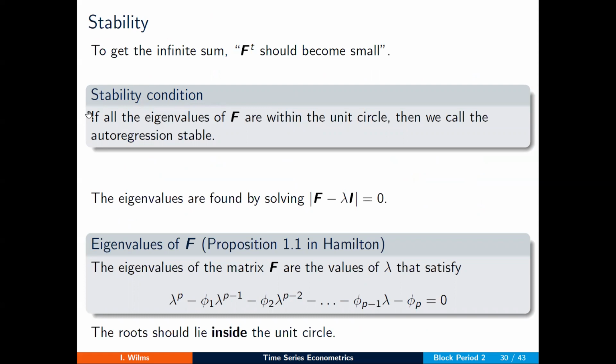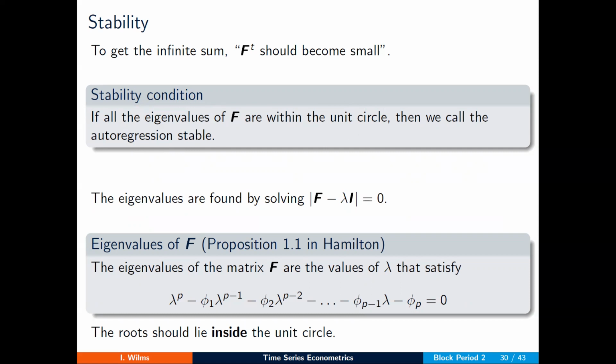Now one can show that if all eigenvalues of this matrix F are within the unit circle, then the autoregression is stable. So if all eigenvalues are smaller than 1 in absolute value, we have a stable process. Why do we talk about a unit circle?